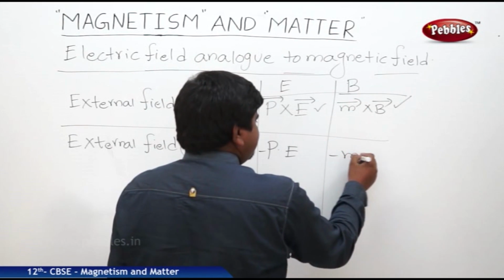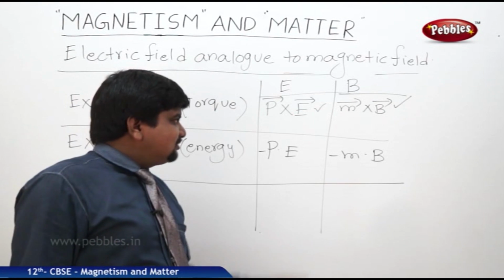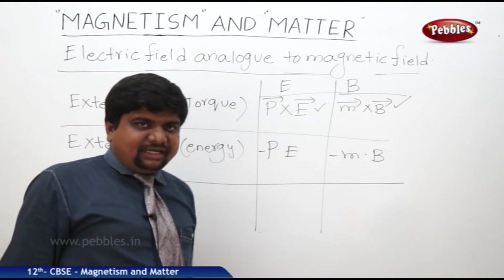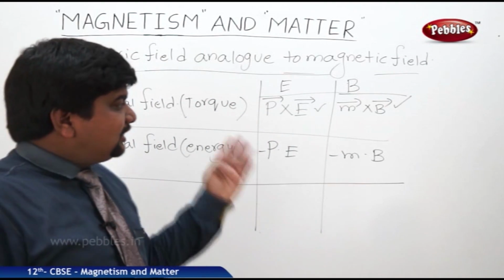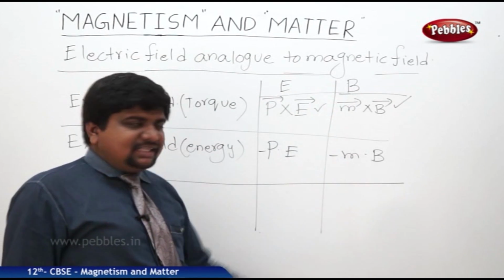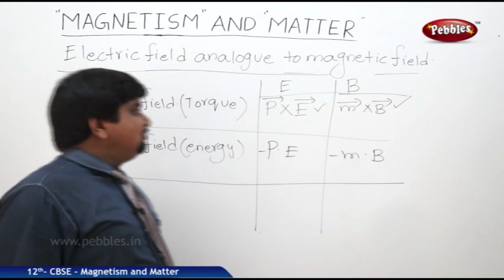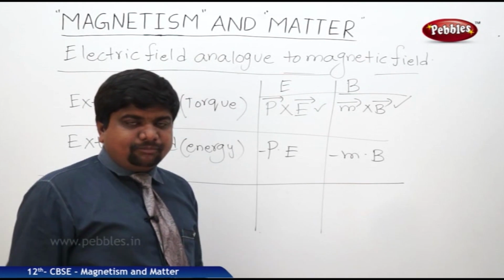Here it is minus M dot B. So like this, P is replaced by M in the magnetic field, E is replaced by B, and 1 by 4 pi epsilon naught is replaced by mu naught by 4 pi. So like this, we can see the analogy between the electric field and magnetic field.